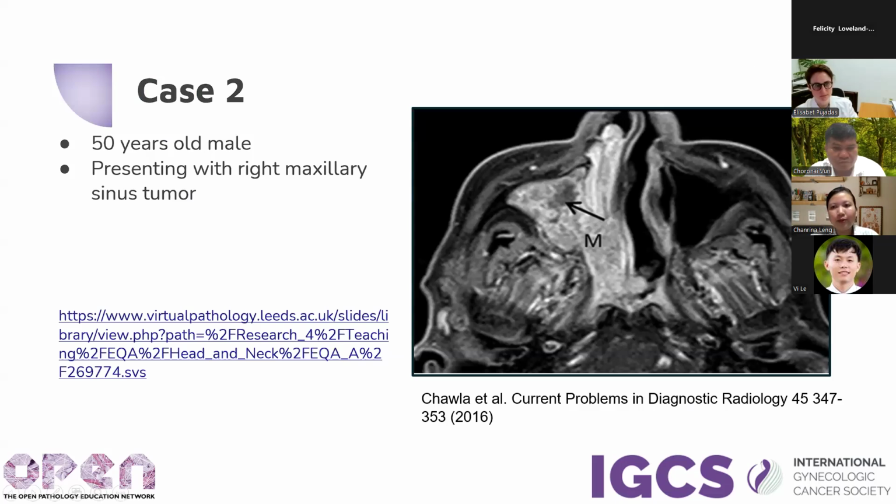Case 2 is from a 50-year-old male who came with a right maxillary sinus tumor. In the MRI picture, this is the axial section of the MRI cut through the nose.